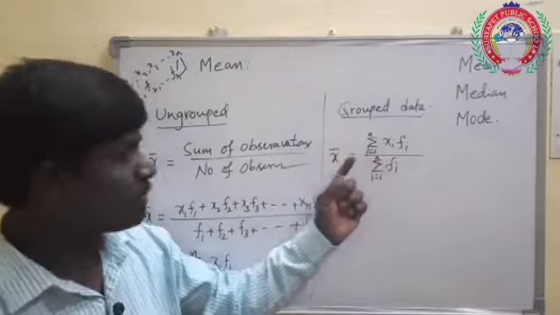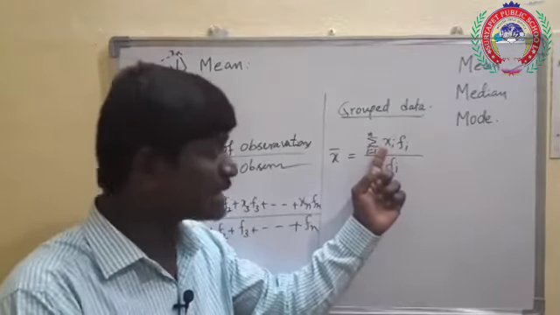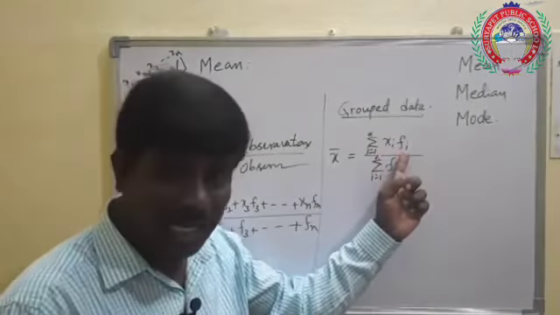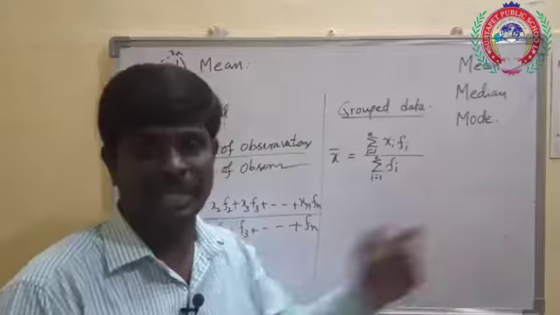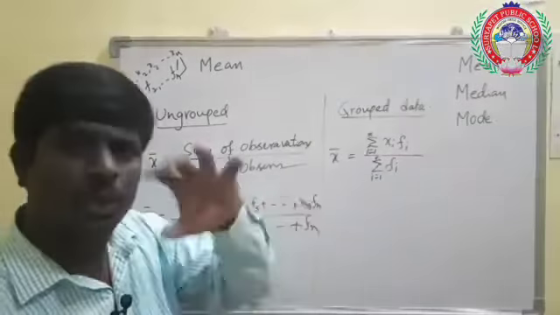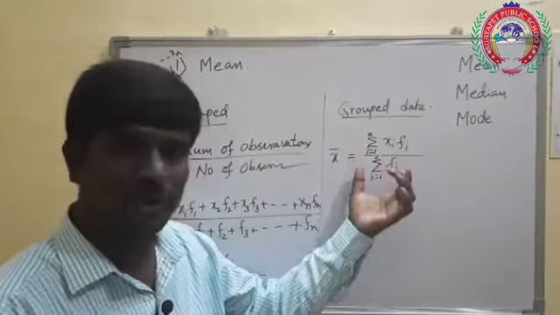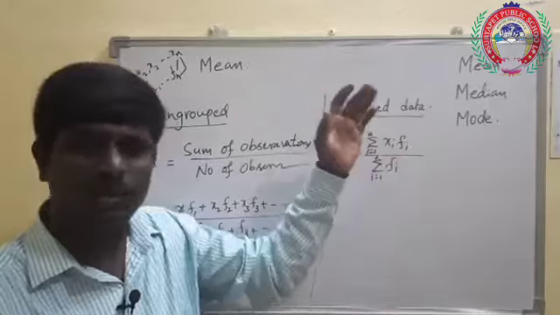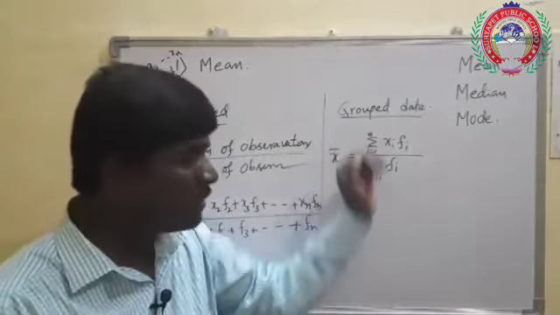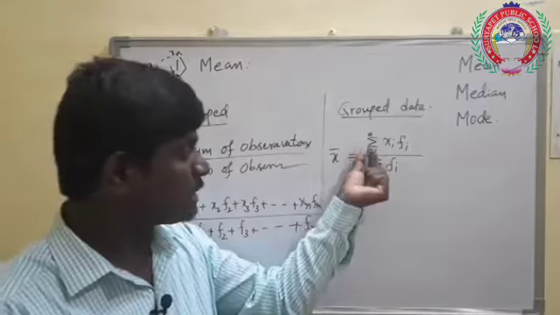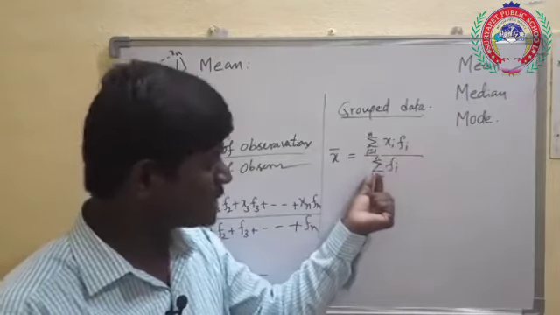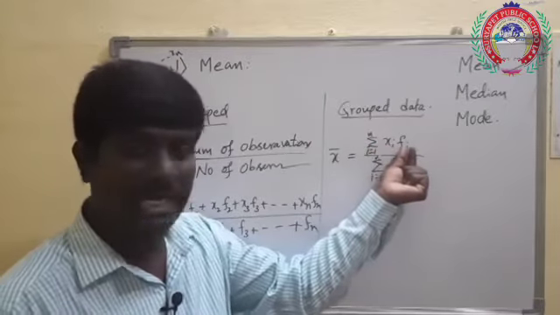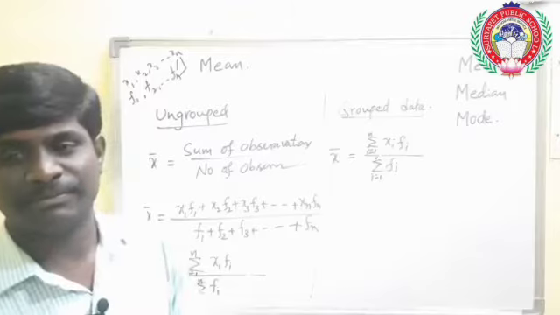In this case, xi refers to the class mark, and fi refers to its frequency. When we find a mean by using this formula for grouped data, then you can understand everything. Till then, just remember this formula: sigma xi fi whole divided by sigma fi. Here xi is a class mark and fi is its frequency.